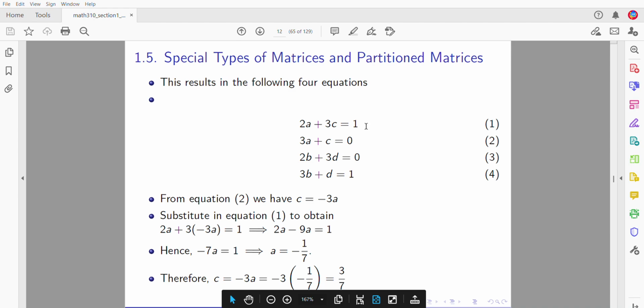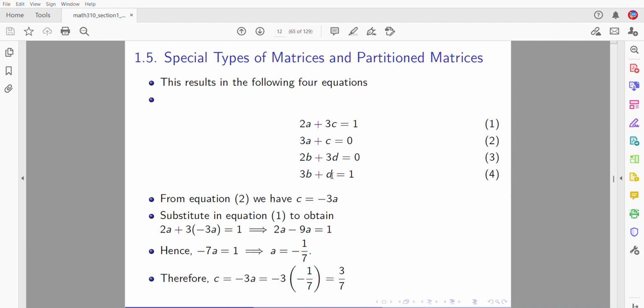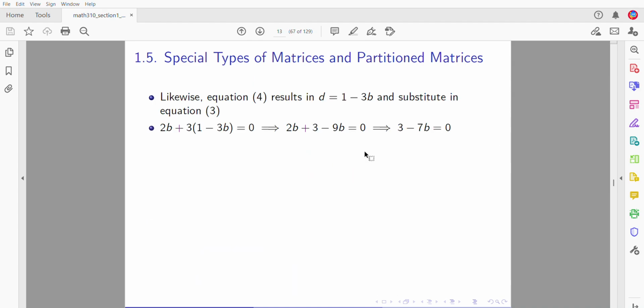Likewise, let's worry about the second batch of equations. Equation 4 results in d equals 1 minus 3b. Once I have that, I'm going to plug it in here. 2b plus 3d is 0, but d is 1 minus 3b.